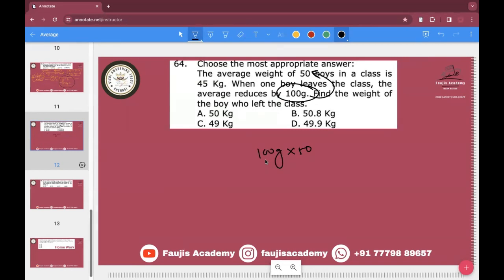So that means how much? 5,000 grams. 100 grams and 50 boys. If it reduces by 100 grams, it will be 5 kg. How will it be 5 kg?